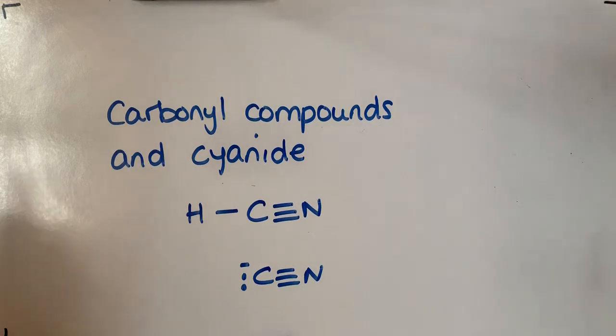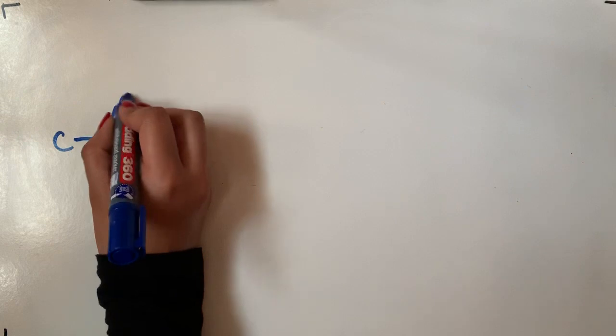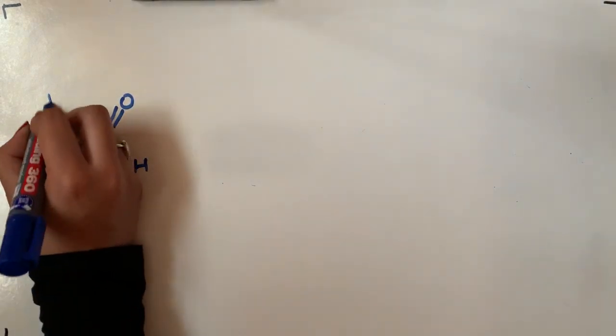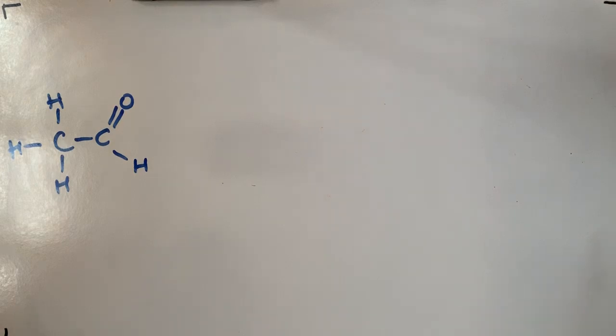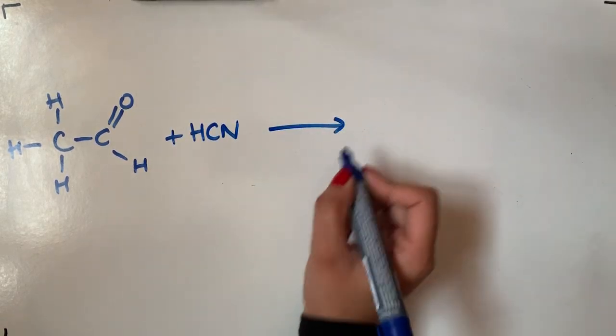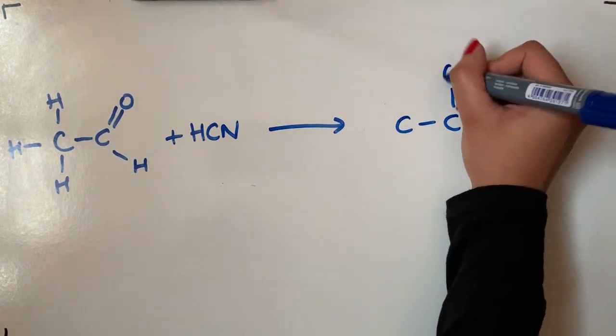Okay, so let's have a look at an example where we use cyanide with our carbonyl compound. I'm just going to go for an aldehyde. So ethanal. And I'm going to react that with hydrogen cyanide. This is going to form what we call a hydroxynitrile.